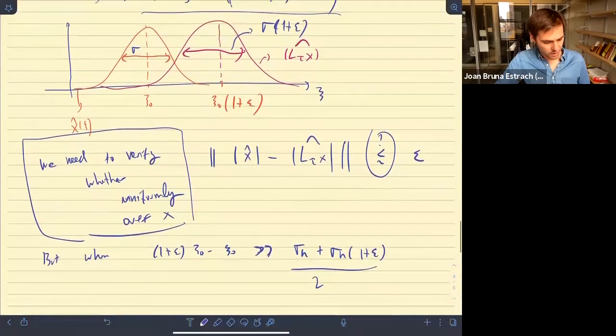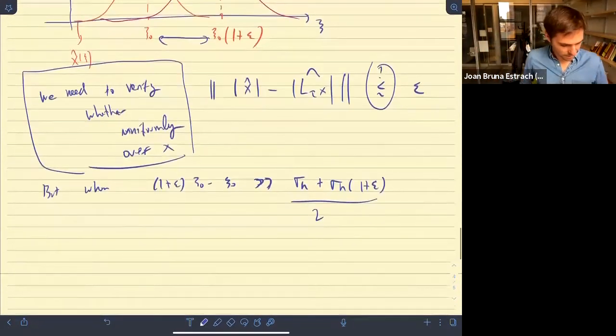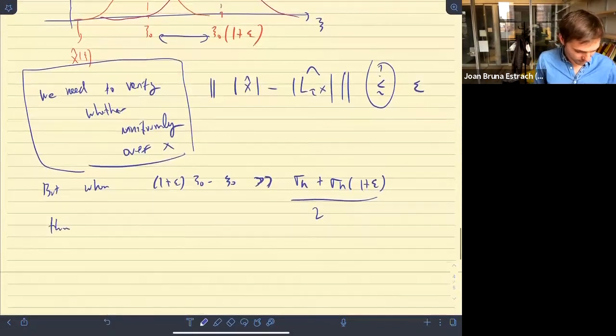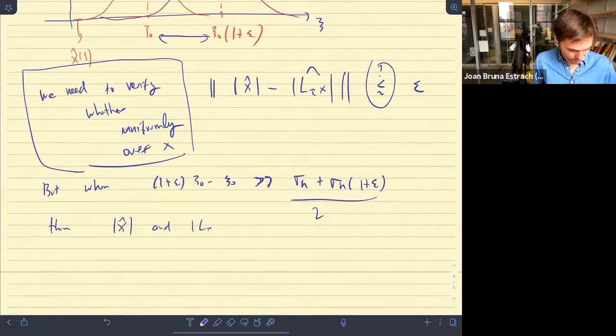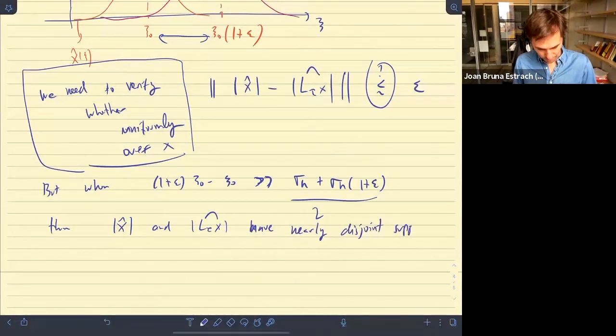What we are saying here is that when this difference between these two central frequencies is much, much bigger than the sum of the two bandwidths, then the Fourier transform of X and the Fourier transform of the deformation have nearly disjoint support, right?